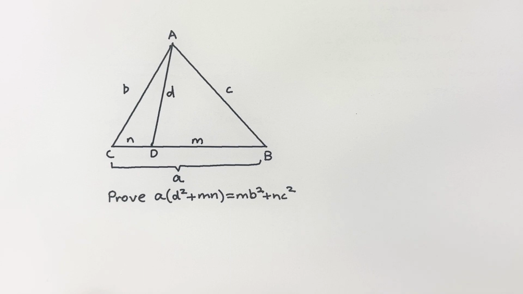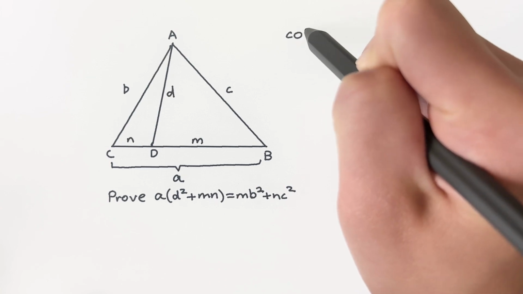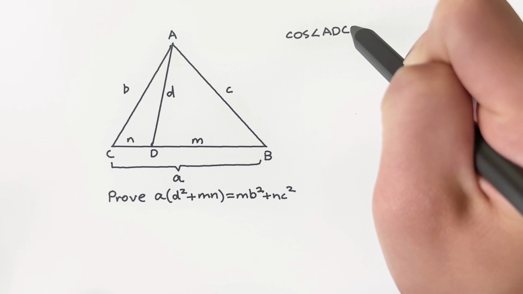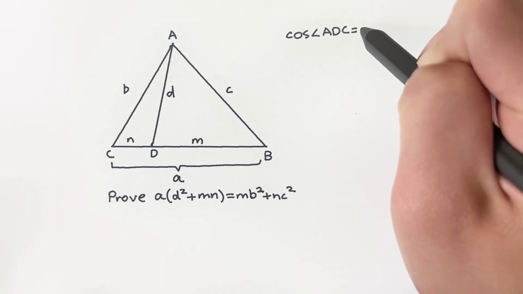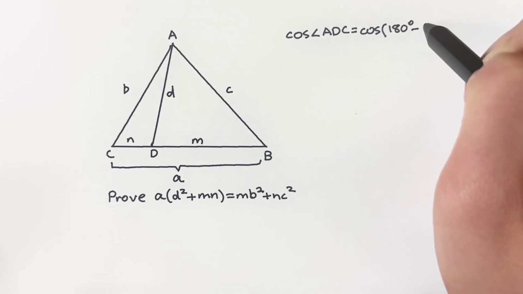You have to apply the law of cosines to both triangle ABD and triangle ACD, since we need equations involving m, n, and d. And we can focus on the angles ADC and ADB because these angles are supplementary, which allows us to easily relate their cosines. The cosine of angle ADC equals the cosine of 180 degrees minus angle ADB.